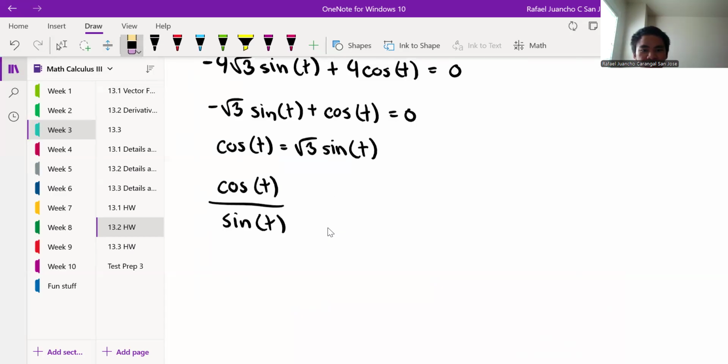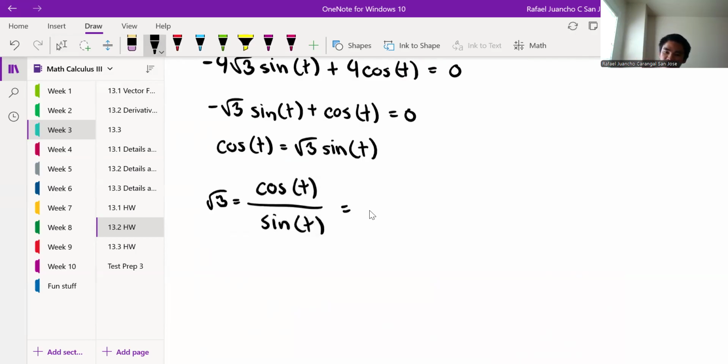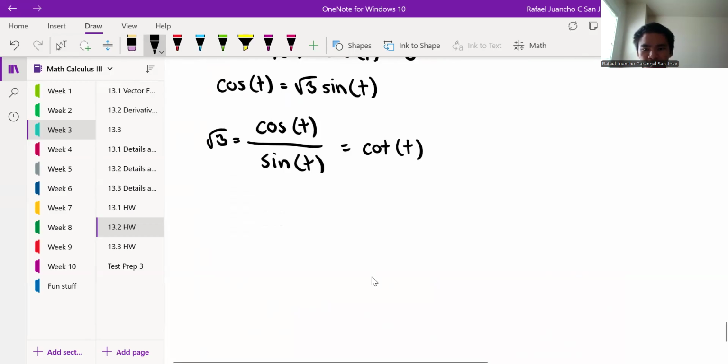Let me just switch this, I'll put it to the other side so it looks cleaner. This is just cosine divided by sine, which is cotangent of t. And so our t is basically the cotangent of square root of 3, which is a number.